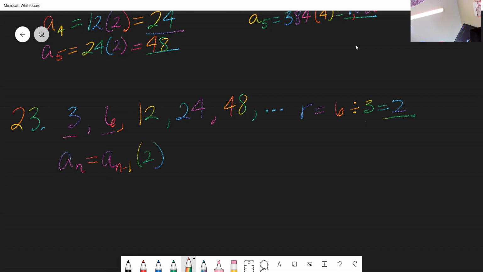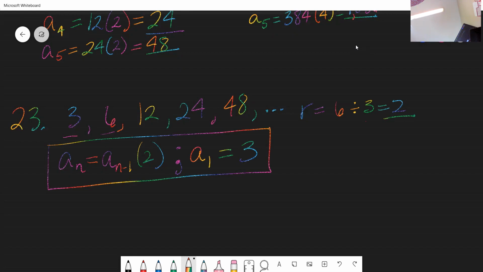That's why we call it a recursive definition, because we also have to define what position. Yeah, we have to have a value for the term. We have to know what the term is in position 1 in order for this formula to work. So this is your entire recursive formula.